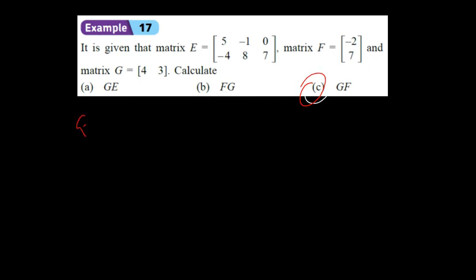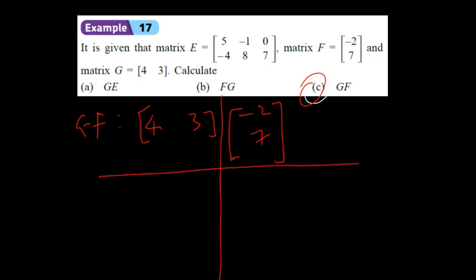GF. Your G is 4, 3, times your F, which is -2, 7. So what you do is you make one line here.